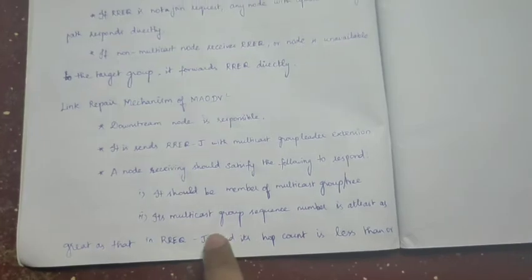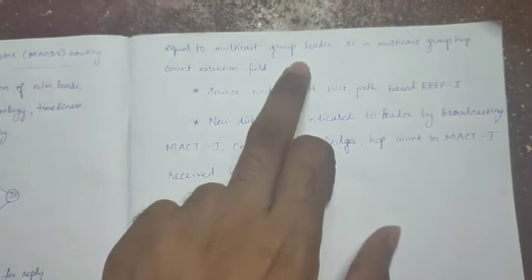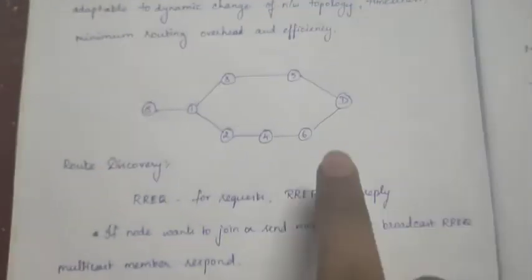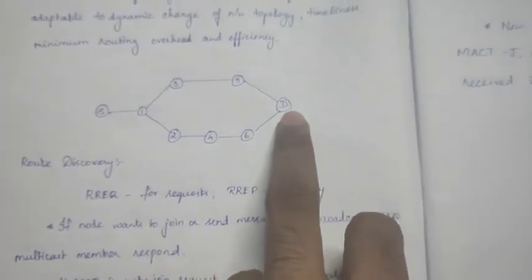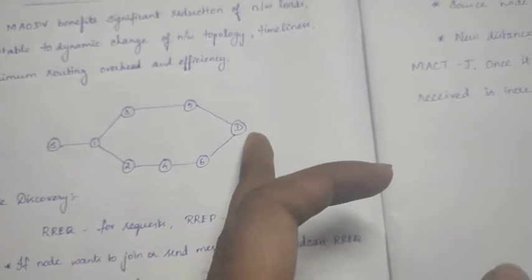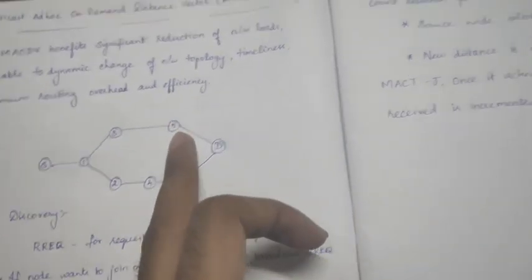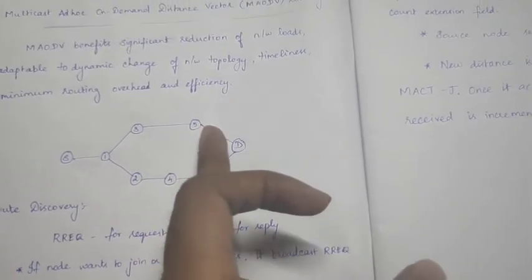And the next one is the hop count is less than or equal to the multicast group hop count as in the multicast group hop count extension field. So consider this downstream node has a hop count of 4. The node responding to this RREQ has a hop count of 3.